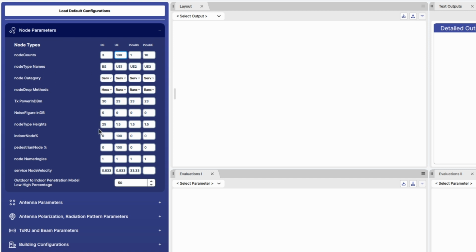Initially, to show the geometrical change that happens while changing the minimum distance, we will take a much smaller number of UEs and BSs and check the layouts.